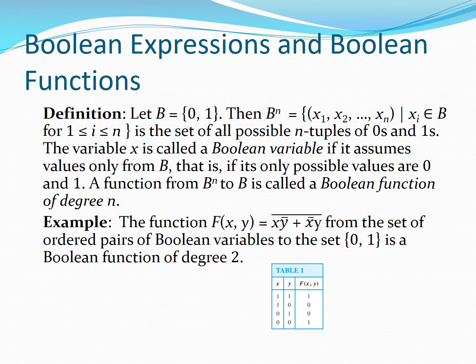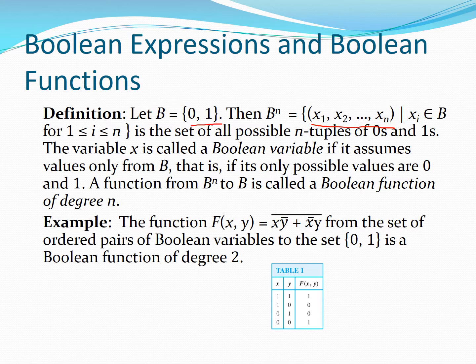So here we have an example, and we're calling it B to the n, and it contains n values, and we're calling them x1, x2, so on till xn. And each of these x's, x1 so on till xn, can basically take a value from the Boolean alphabet, which is 0 or 1.